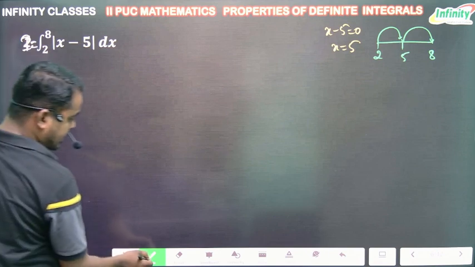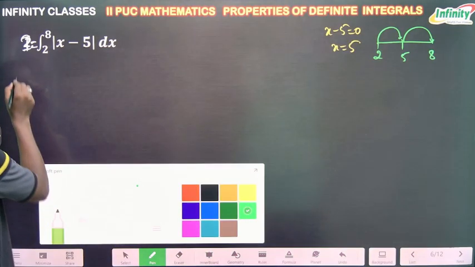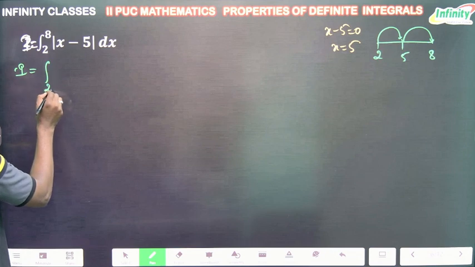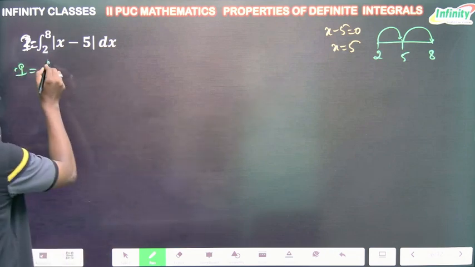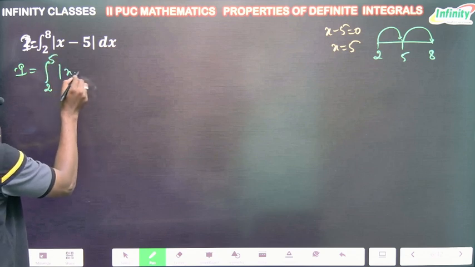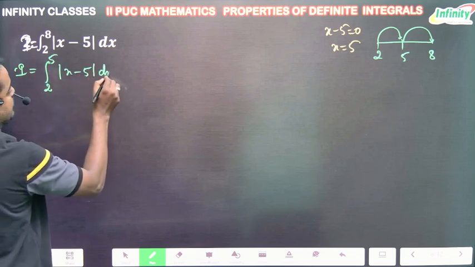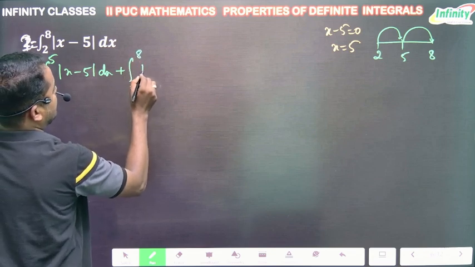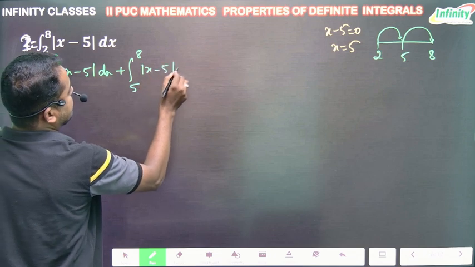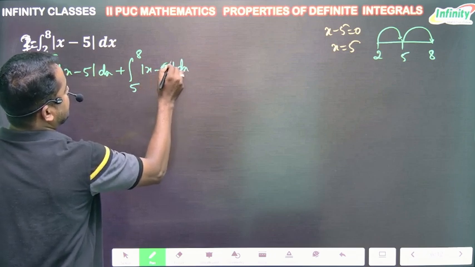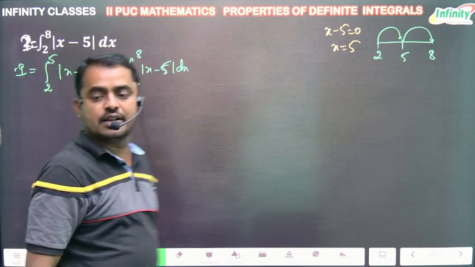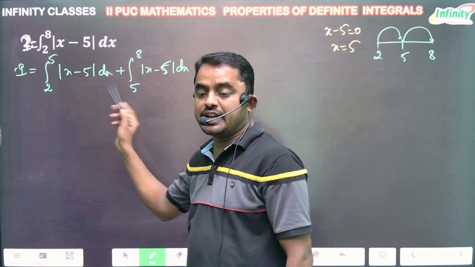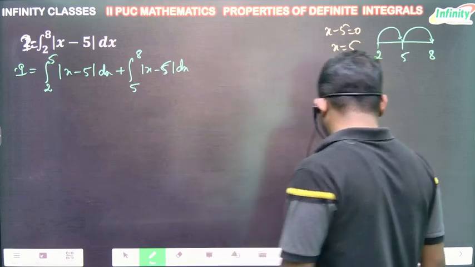Now I am applying the property, that is I is equal to integration of 2 to 5 mod of x minus 5 dx plus 5 to 8 mod of x minus 5 dx. So after writing in this manner, we have to decide when it is positive and when it is negative. So it is very easy here.